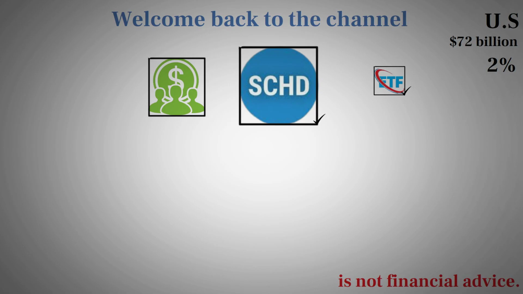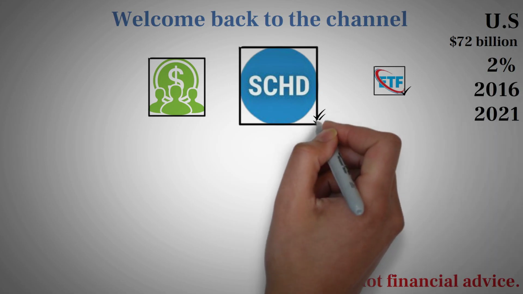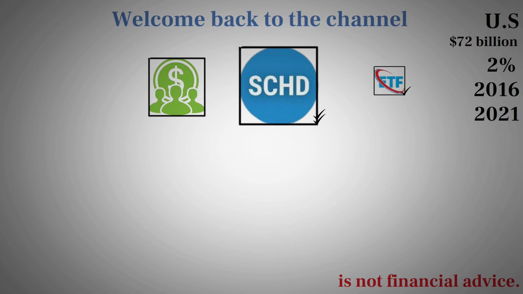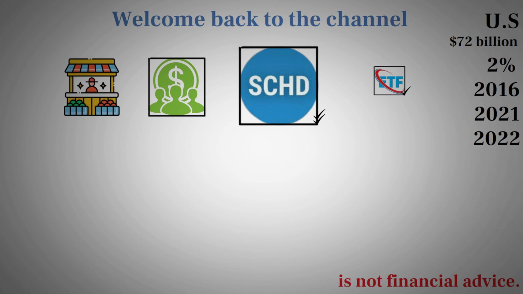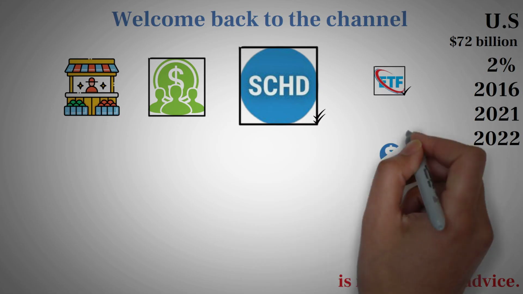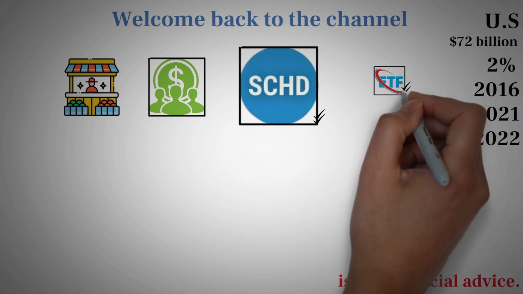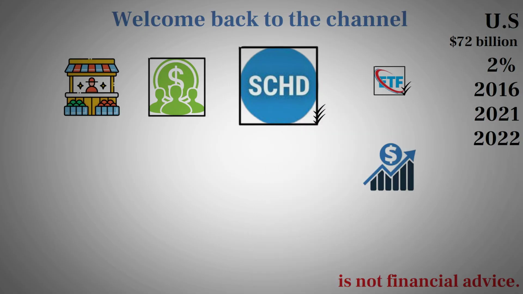If we take a historical view, though, things look a little different. From 2016 through the end of 2021, SCHD moved almost in tandem with the S&P 500. That changed in 2022 when the market experienced a sharp sell-off. While many growth stocks faltered, dividend-focused ETFs like SCHD held up relatively well, outperforming the broader index during that downturn.